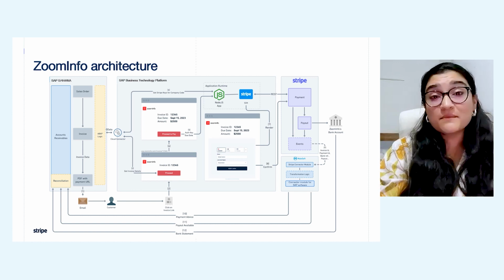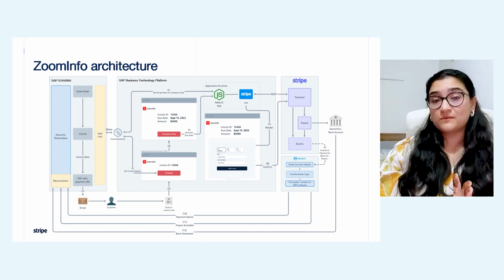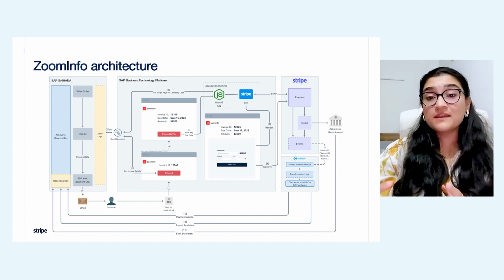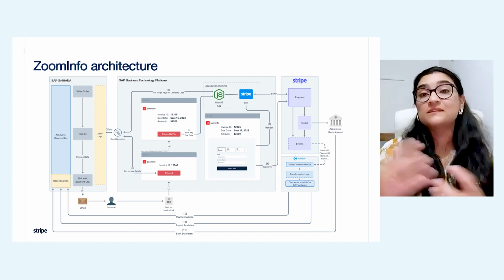As soon as the payment element is launched there, the whole control is shifted to the Stripe server. Now, Stripe is already aware of the metadata that ZoomInfo's system is sending to Stripe. Some of the metadata, I can give an example, is customer number, invoice number, probably our SAP company code, etc. And then what is the amount that Stripe is supposed to deduct from the customer's payment service provider, like a credit card or an ACH bank method.